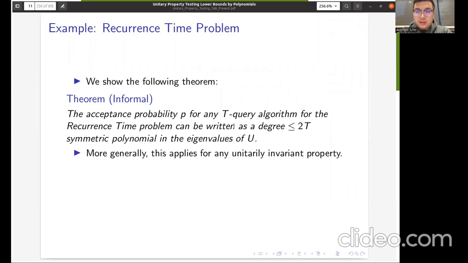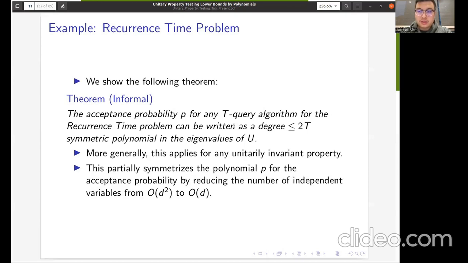And more generally, this applies for any unitarily invariant property. This observation is quite interesting because we've reduced the number of variables from order d squared to order d. And furthermore, we've reduced the number of possibilities for the polynomial p that describes the acceptance probability. It's not just any polynomial, it's in fact a symmetric polynomial.